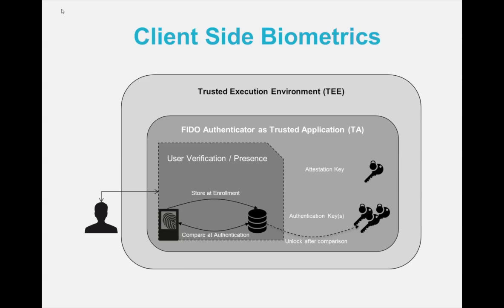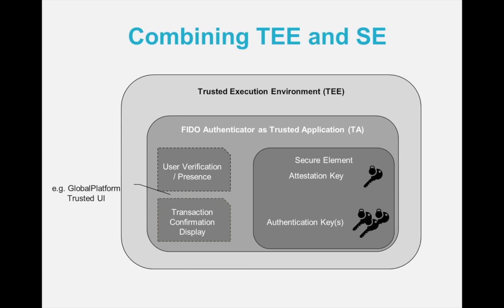So it's better not to store that sensitive information at the server, and it doesn't, by the way, improve the security to store that information at the server. It's sufficient to store that information inside the authenticator, in this case a trusted application, and use the comparison's result, for example, the success, to unlock the key after comparison, and then sign the authentication response here.